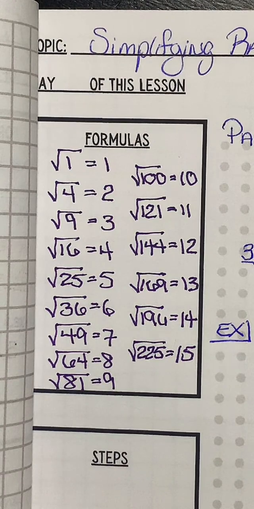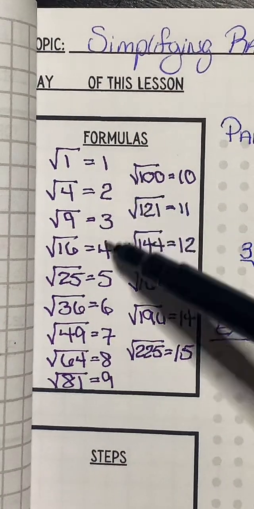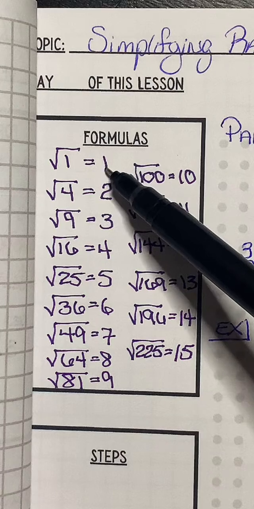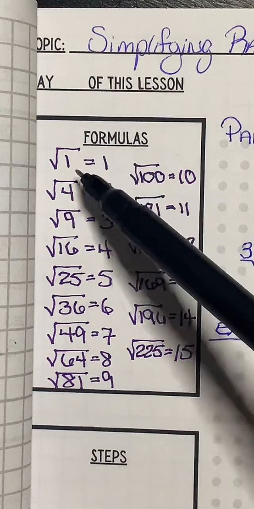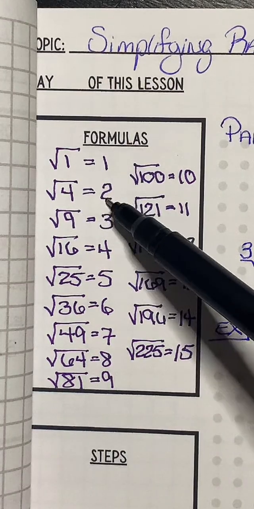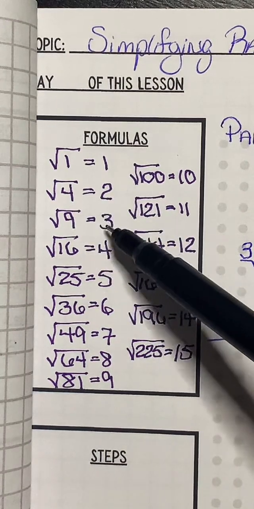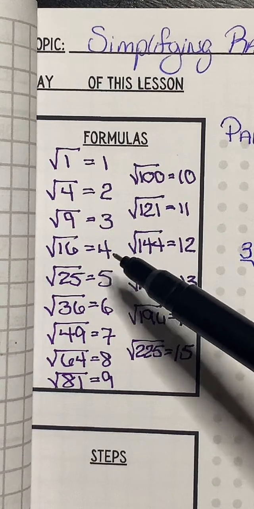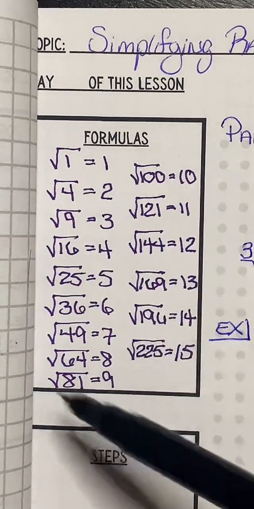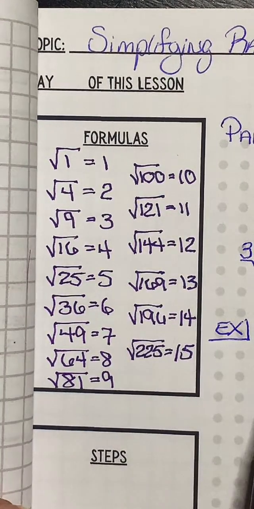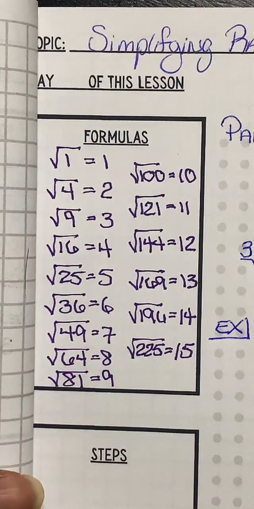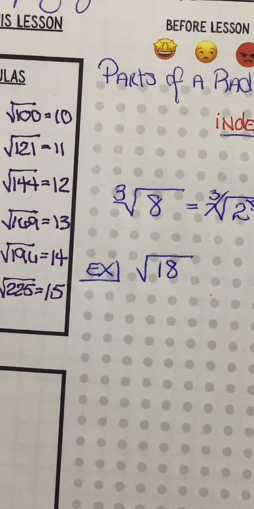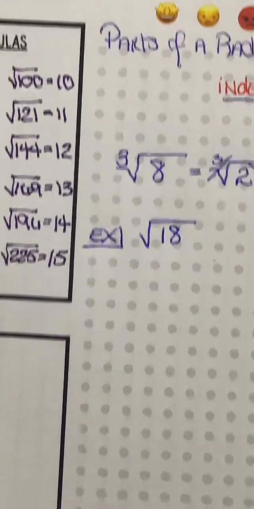Okay. So, these are going to be considered my perfect square roots. Because if I square 1, 1 times 1 will give me 1. 2 squared, 2 times 2 will give me 4. 3 squared, 3 times 3 will give me 9. And so forth, right? So because we have this, when we're breaking down a square root, we're looking for a perfect prime combination.